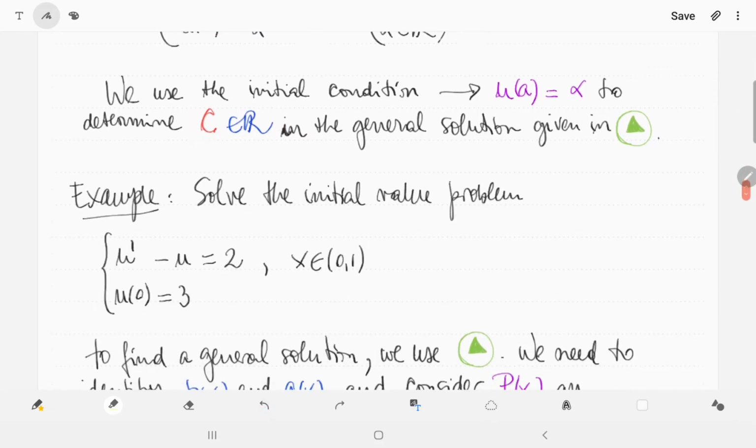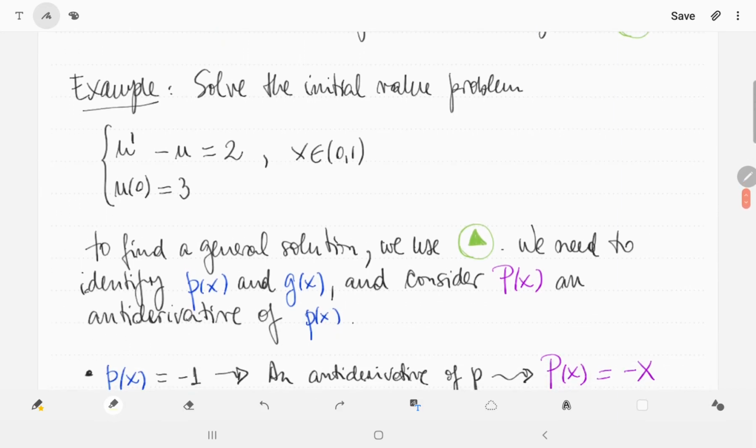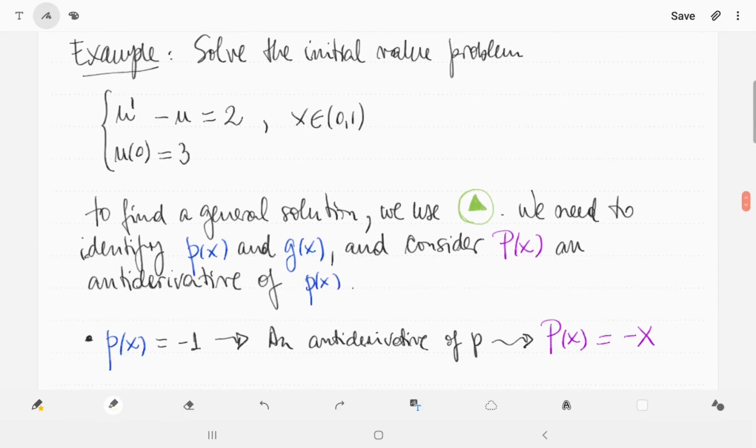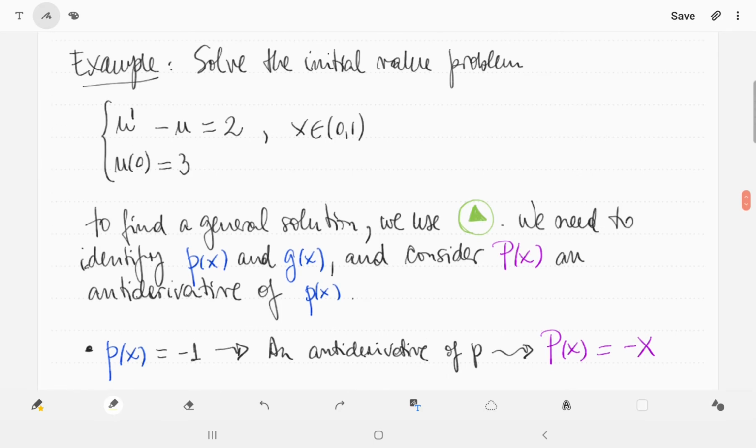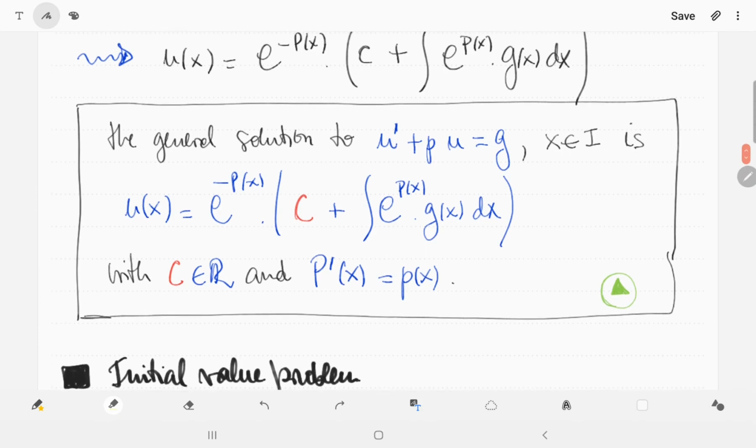That's the idea. So let's try to fix what we just saw with this example. We want to solve this initial value problem. We have this first order linear ODE with this initial condition. To find the general solution of the ODE, the ingredients are: we have to know who is p and who is g, and once we have that, the only ingredient we need is capital P, which is an antiderivative of little p, because that's what we saw here.